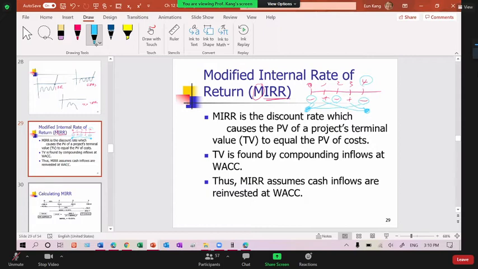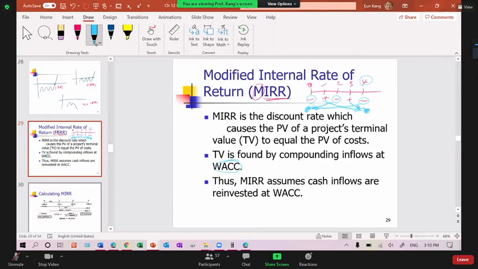Then the second step is when you move those cash flows to the present or move those cash flows to the end, what discount rate and compound rate do you use? That is WACC.